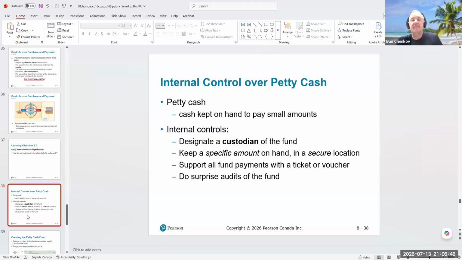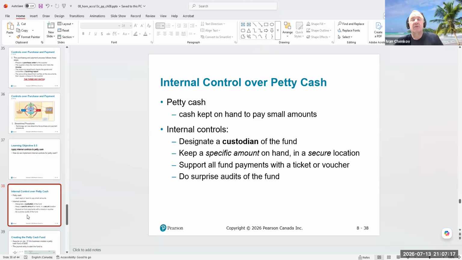It's not very practical for the accounting department to issue a check for $5 or $6 every time a person buys milk. For that reason, the company keeps a small amount of cash. That's why it's called petty, petty means small. Very small amount of cash, usually no more than $150 or $200 now with inflation.